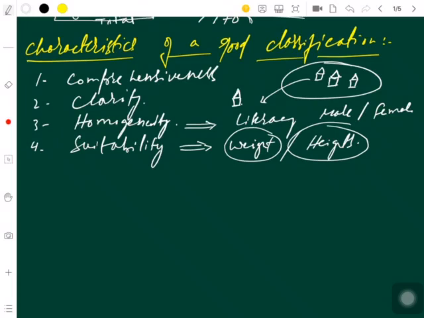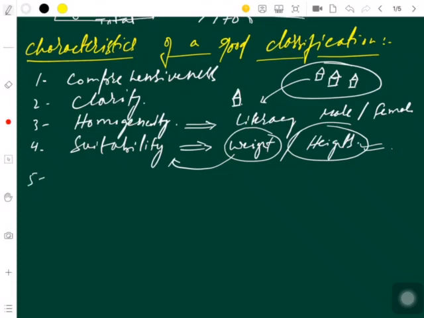I have been asked to confirm about the weight. Maybe we have to make a lift, and the lift will carry a weight. So that lift will be built on the basis of the dimensions, on the characteristics of weight. So height will be of no use there. It is obvious that the average height of the people here is 6 and 6 point something. So we'll make it 7 feet. That is not an issue. The issue is how much weight it can carry from the ground floor to the top floor.